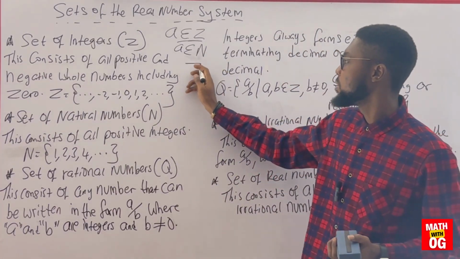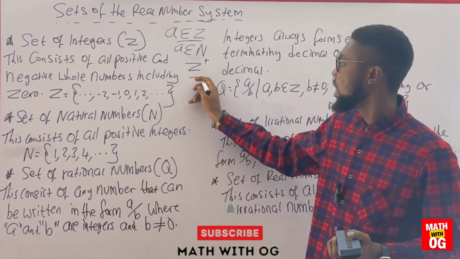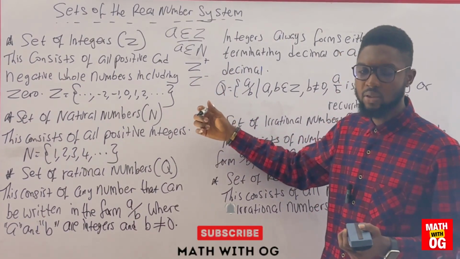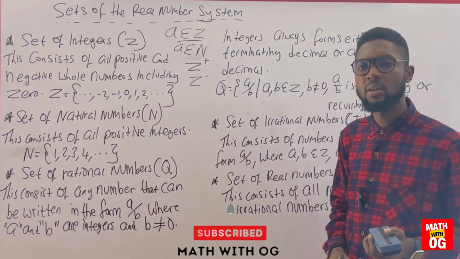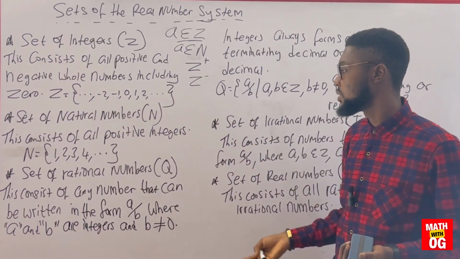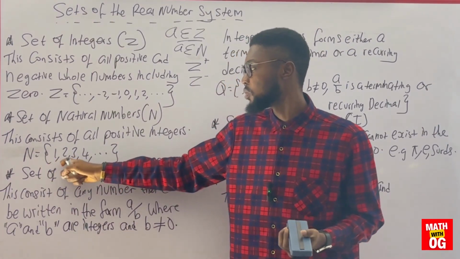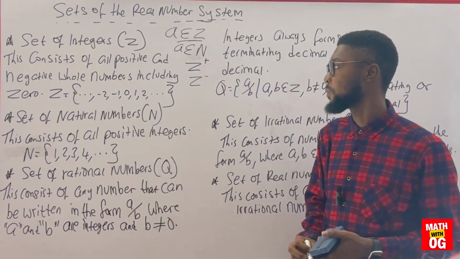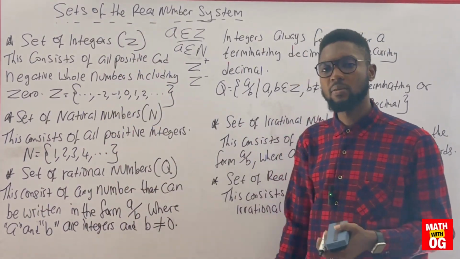Sometimes we write it this way, Z with a positive sign on top. These are positive integers and these are negative integers. So we denote it like this sometimes, while this guy means negative integers. So natural numbers are simply positive integers. Now we can represent this guy in roster form, which is N is equal to 1, 2, 3, 4, down to infinity. So set of integers is infinite, set of natural numbers is infinite.